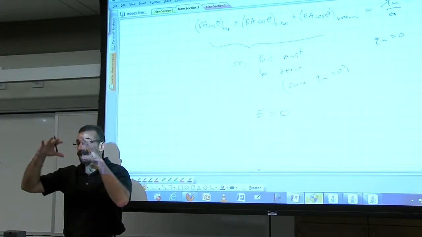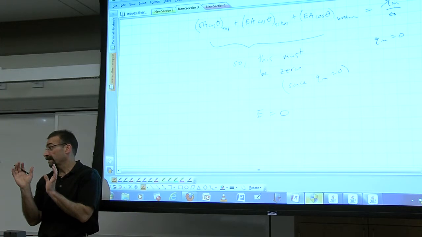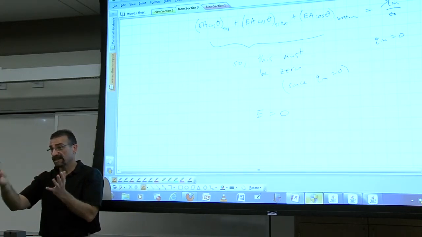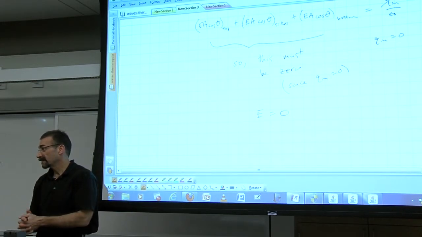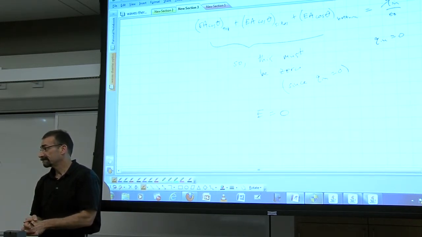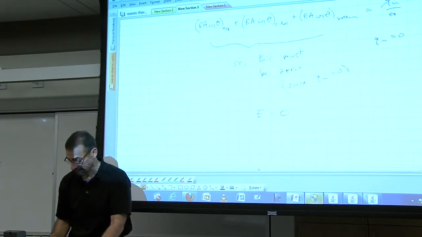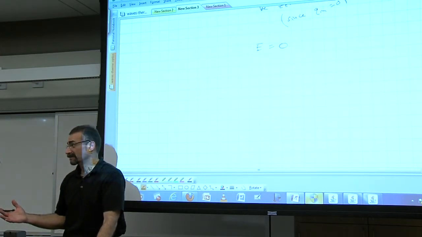If you have a sphere with charge uniformly distributed over the surface of the sphere, and you're inside the sphere, what's the electric field going to be? 0. We did that with mass also, right?